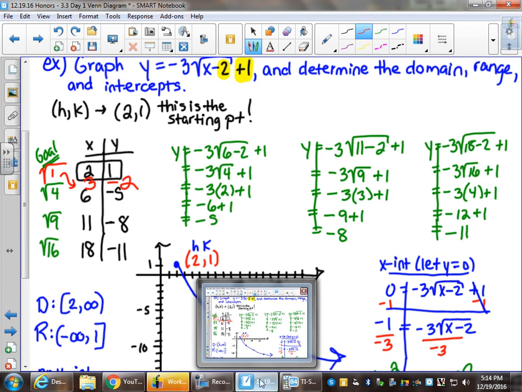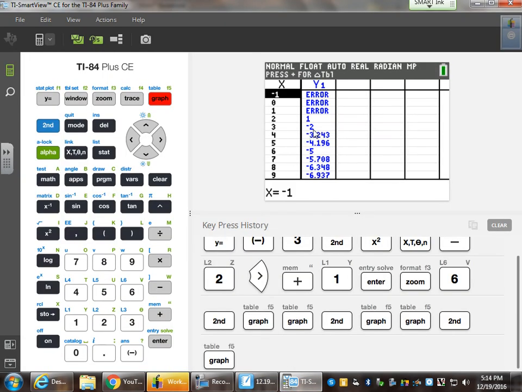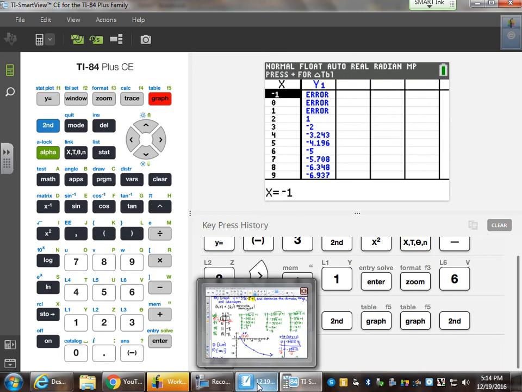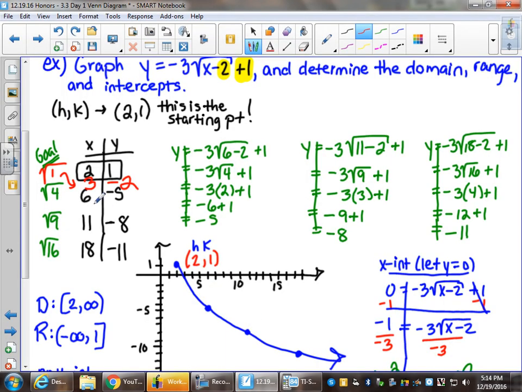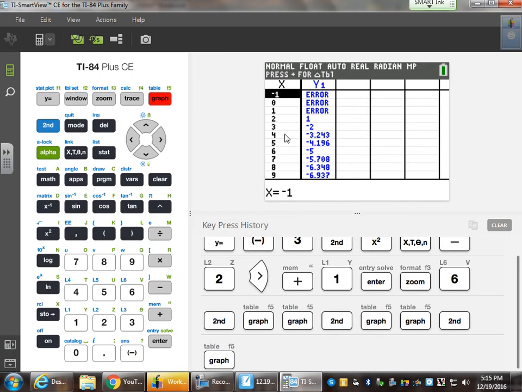So let's see what else we see. After that one, which I missed because I was so quick to think about the square root of 4 instead of the square root of 1, notice decimal, decimal, 6, -5. I have to switch views, but you can look at your notes. 6, -5. So between 6 and 11, let's see if we see any whole numbers. No, no, no, no. Scroll down.